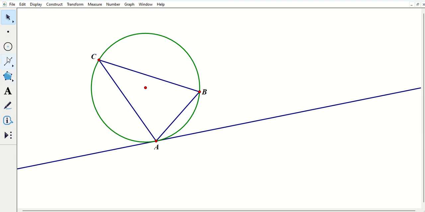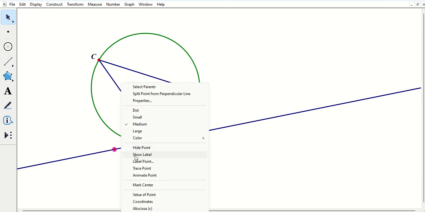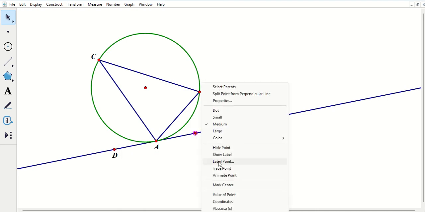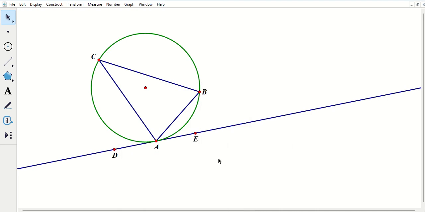So let me just also include a point here. Okay, fine. So here is my setting now.